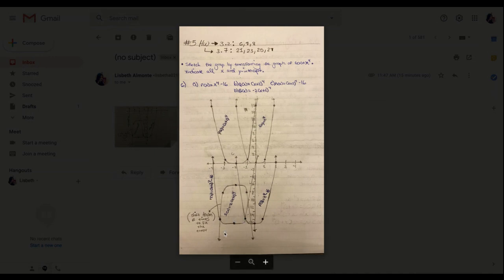Here, this line would touch the point 0, negative 32 later on. Great. Yes, I couldn't show it because I only put negative 16. It's okay. Great.